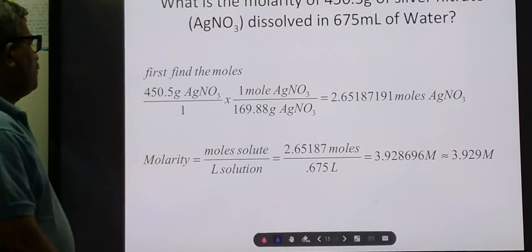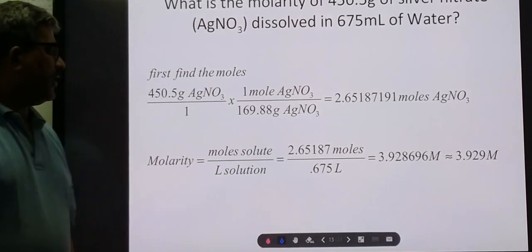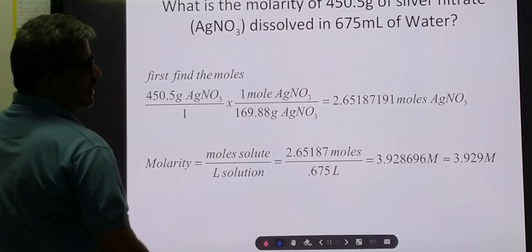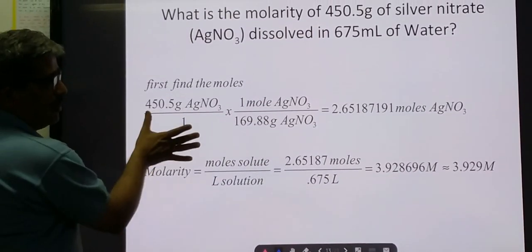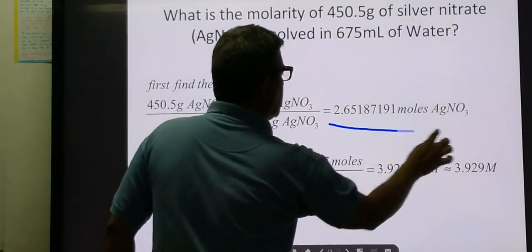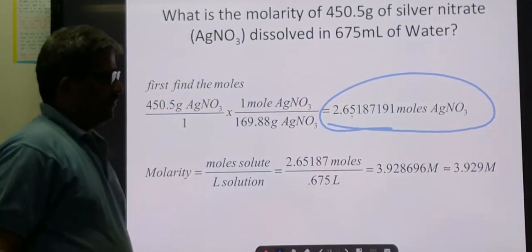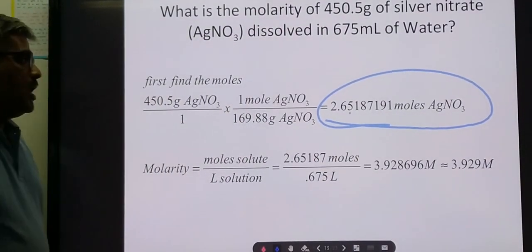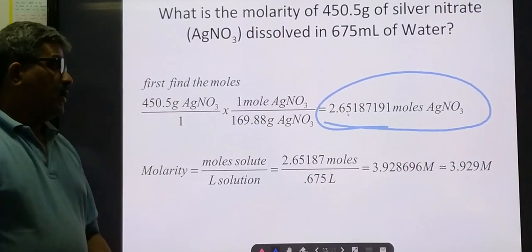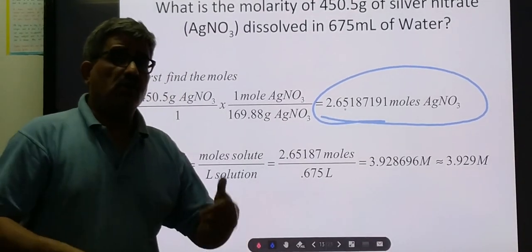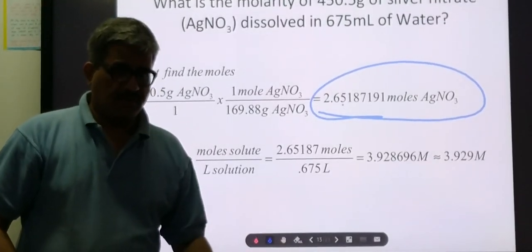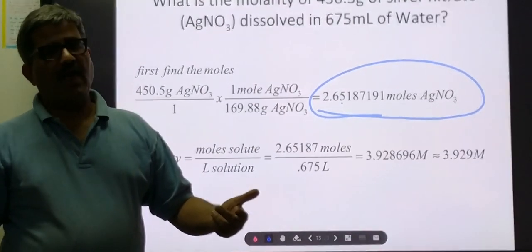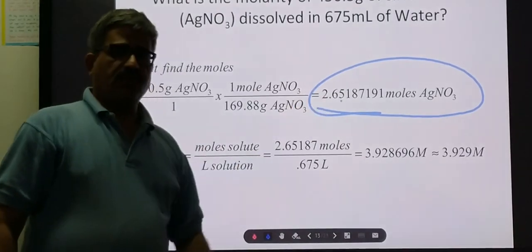For finding out the number of moles, it is weight by molecular weight. Weight is 450.5 grams, and 169.88 grams for AgNO3. If you find out moles, it is coming to 2.65 moles of AgNO3. Once again I repeat, if this 2.65 moles is dissolved in 1 liter of solution, the molarity is 2.65 molar.